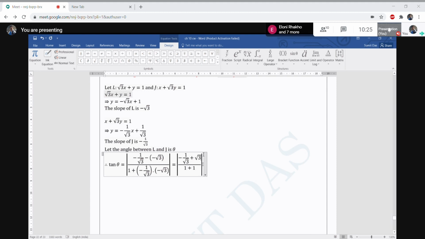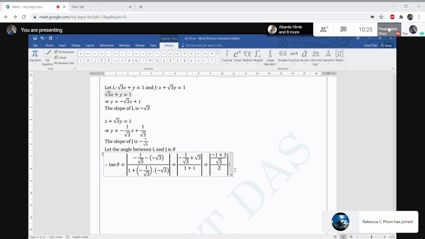So if you simplify more, the denominator will be square root of 3. The numerator will be minus 1 plus 3, so here it will be 2, and the denominator will be 2.